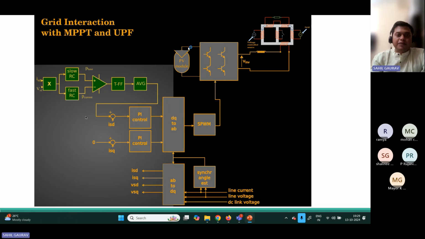So the PV model works on MPPT and feeds power according to the maximum power point. If you set ISQ reference equal to 0, then whatever the grid voltage across this converter, the phase difference between the current fed and the voltage will be 0. So the Q component becomes 0, and you can feed the power at unity power factor.